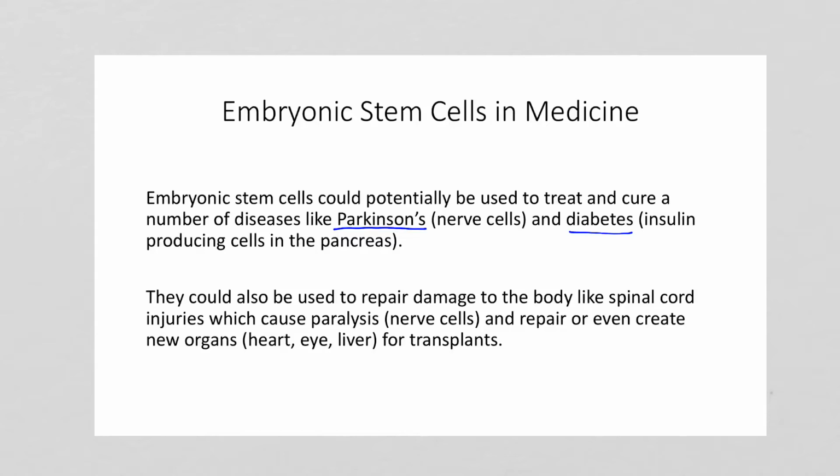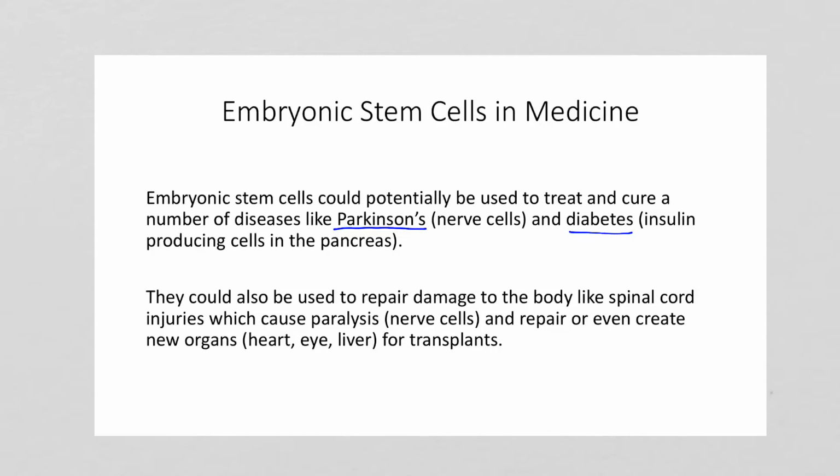You could also do things to repair damage. So somebody who's had a spinal cord injury, if you sever the spinal cord, in Unit B6 we learned that the spinal cord is part of the central nervous system along with the brain. If you have a complete sever of your spinal cord, everything below that break, you will not be able to feel or have any control over.